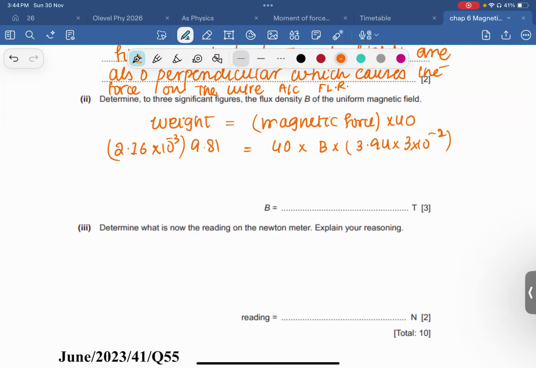So I'm getting the magnetic field as 4.48 exponent -3.